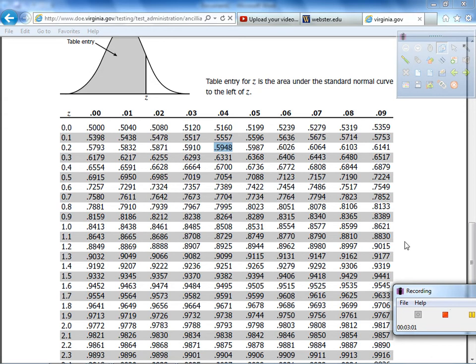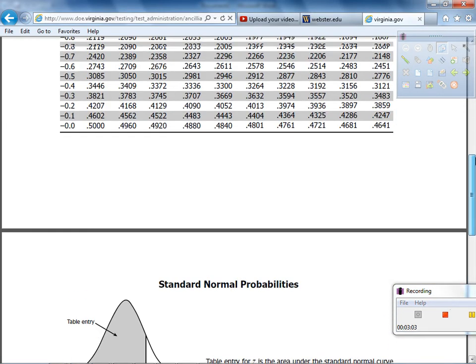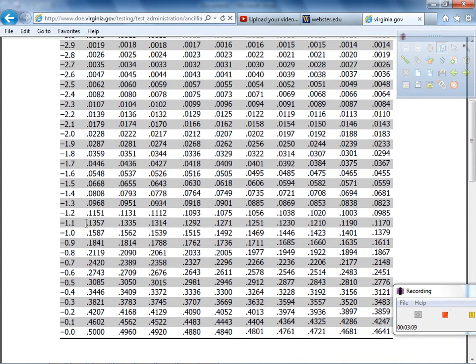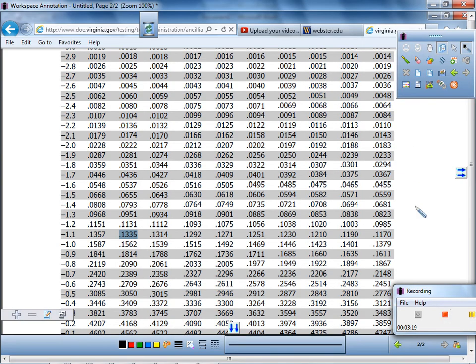Negative 1.11 would be here at 0.1335. So I'm just going to do it over here on the side: 1 minus 0.1335. If we take that difference, we end up with 0.8665.